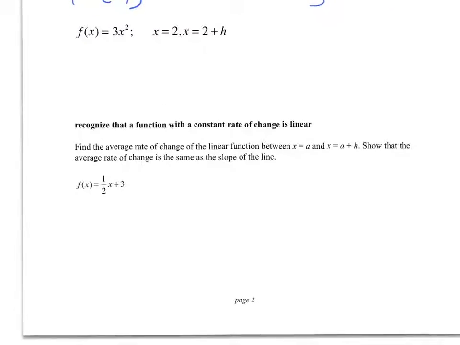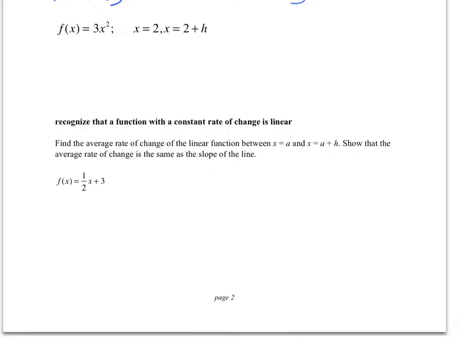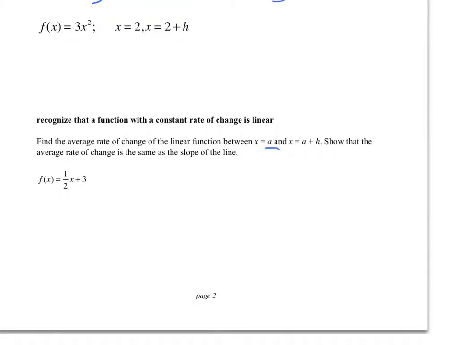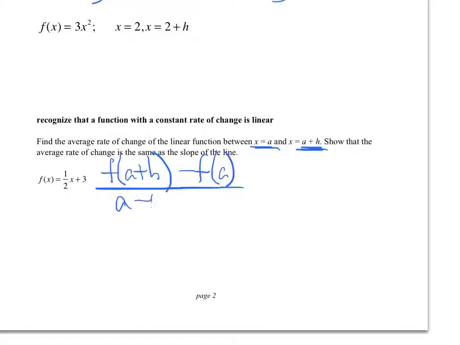This one actually we'll do together here. Recognizing that a function with a constant rate of change is linear, find the average rate of change between x equals a and x equals a plus h. So we're going to calculate f of a plus h minus f of a divided by a plus h minus a.